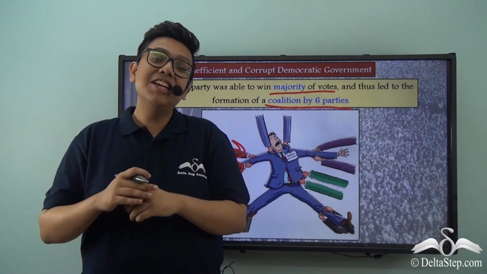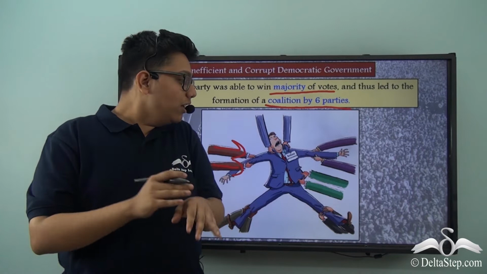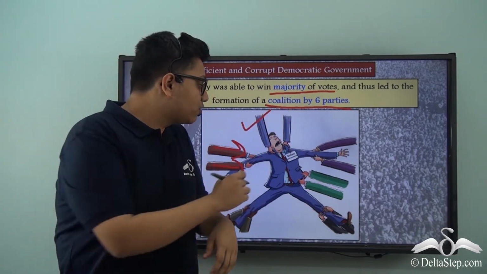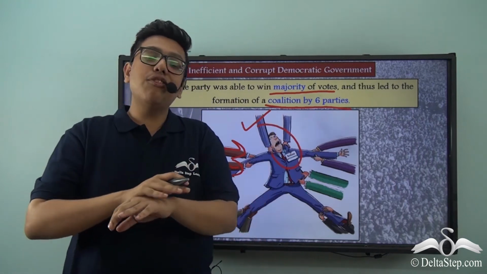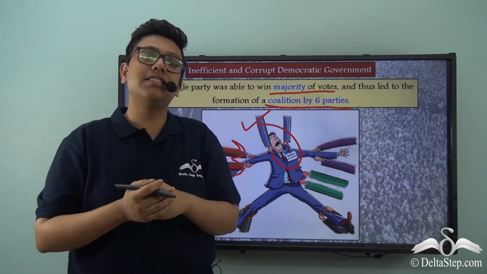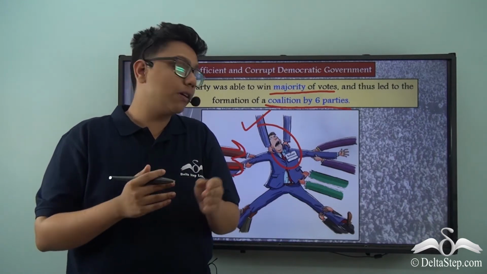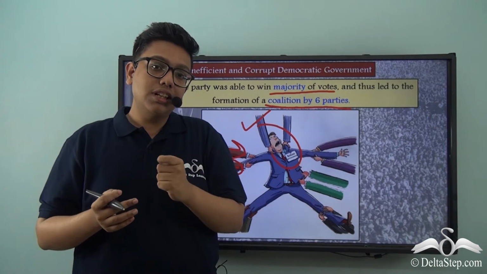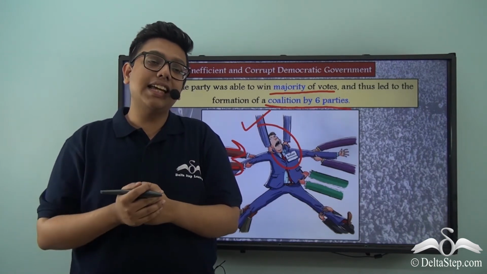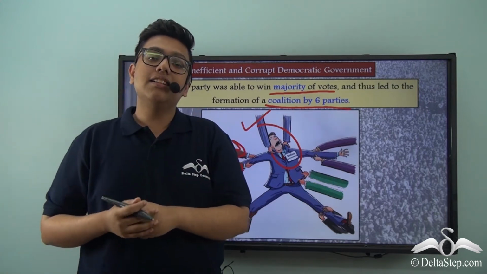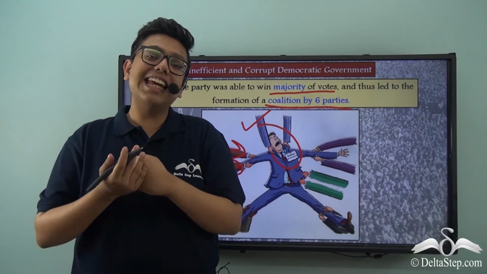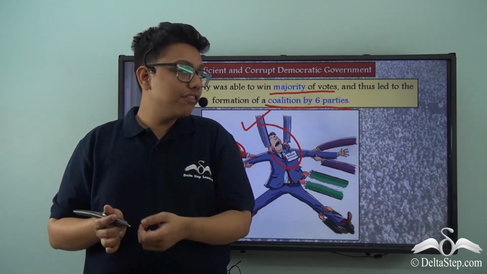On the contrary, you are going nowhere, because all these six engines or all these six people are pulling this one person in six different directions, where the output therefore is zero, because one person's effort to pull is being reduced by the other person's effort to pull. So therefore the output of your train journey would also be zero, and so was the case of the Italian government. The Italian government, being led by a six-party coalition, was in effect ineffective.